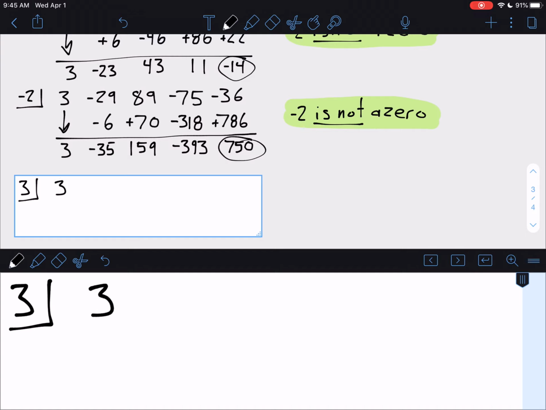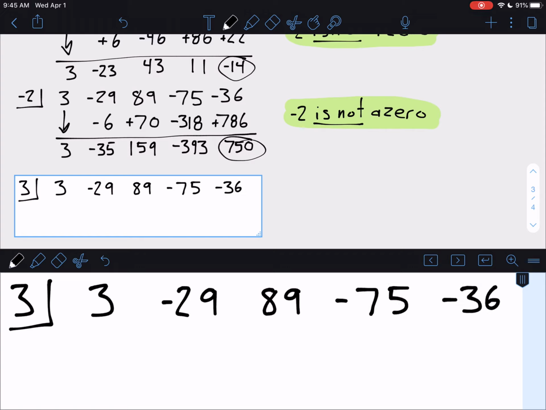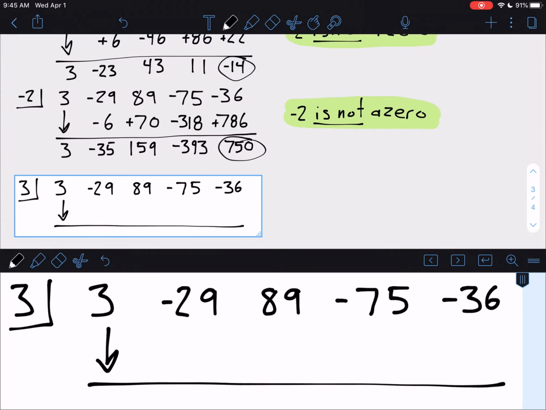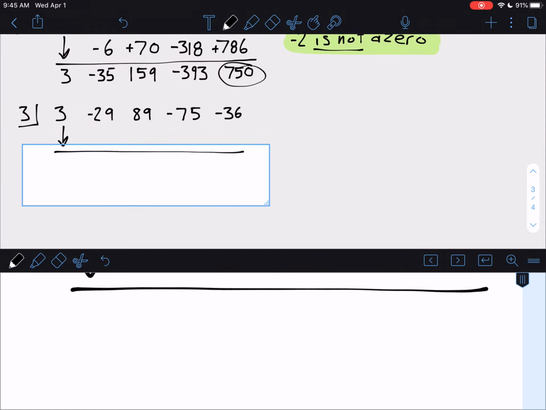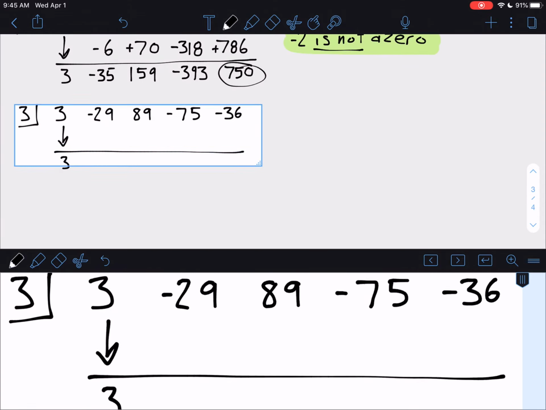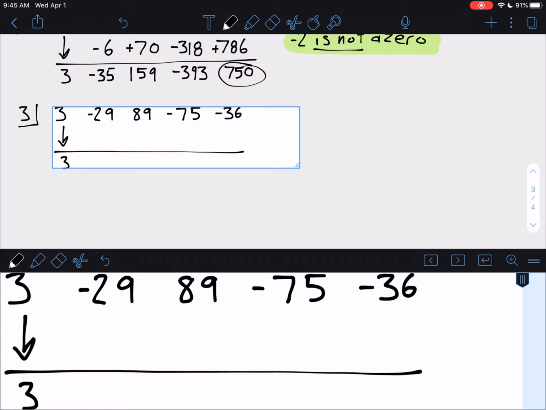We got 3, we had -29, we had 89, we had -75, and we had -36. Bring down the 3, give it that underline. So I have the 3 in the box times 3 is positive 9.